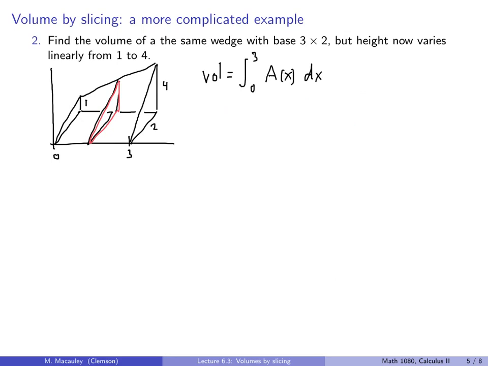Now the challenge here, the only difference, is that this A of x, this area, is no longer constant. It depends on where we are down here. It's a function of x. So let's figure out what function of x it is. I have to draw a picture. So this triangle is that triangle, and one side is going to be constant 2, and the other side is going to be a function of x, this function right here.